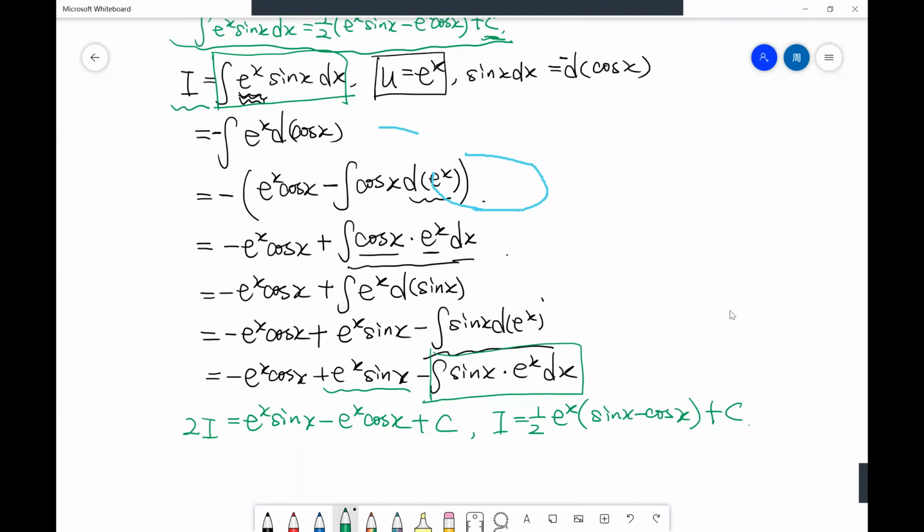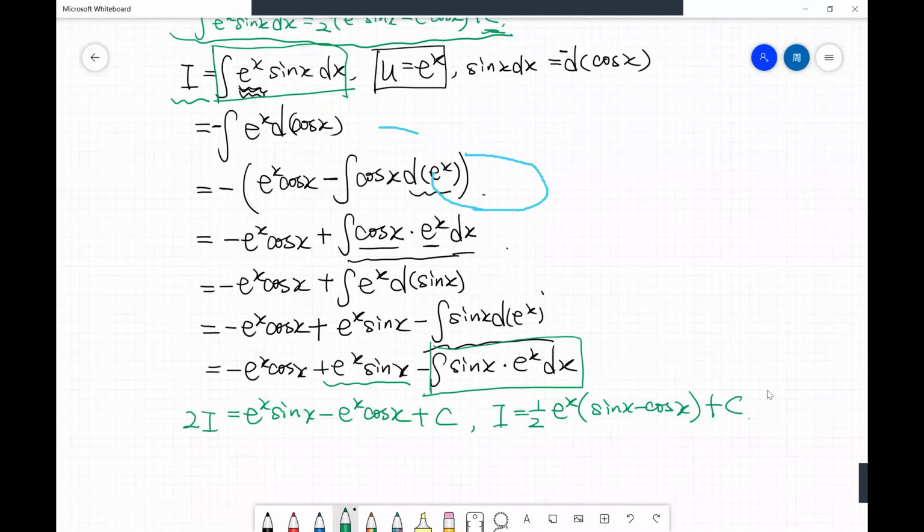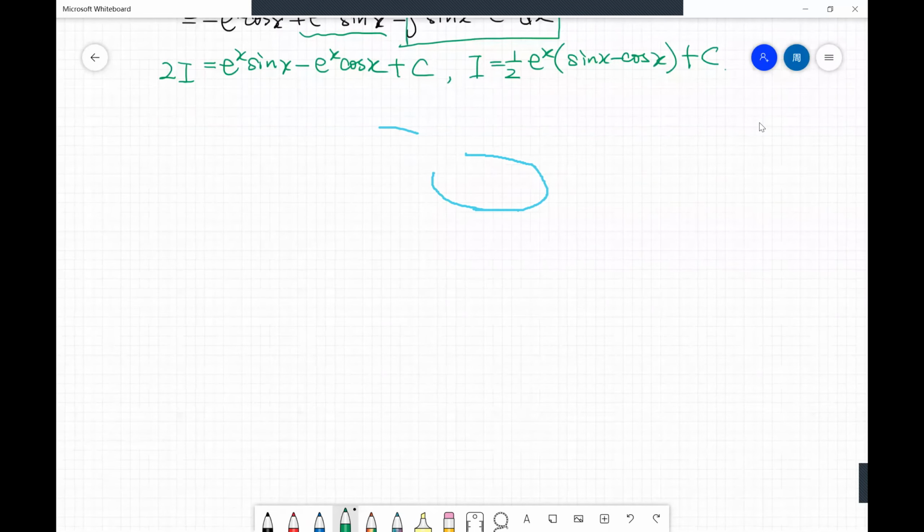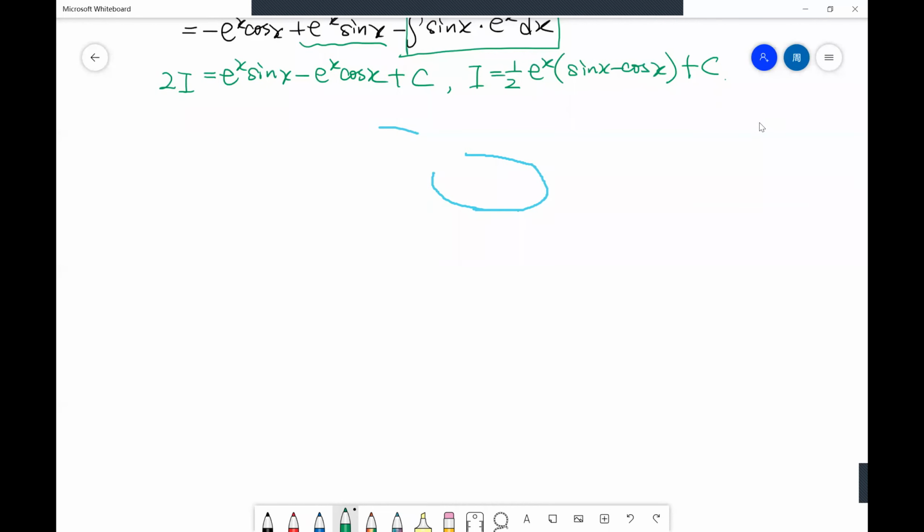The first, that is substitution rule, right? And the second, that is integration by parts. Of course, if you can use the formulas directly, that is the best thing for us, right? That is really easy.